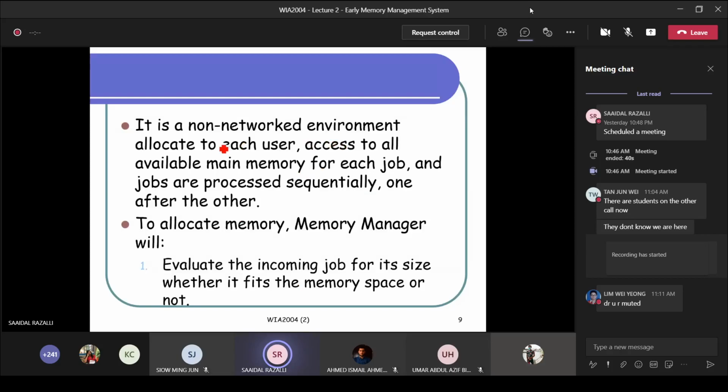It is a non-network environment allocated to each user, so this is a single PC. It has access to all available memory for each job, and jobs are processed sequentially, one after another, serially.